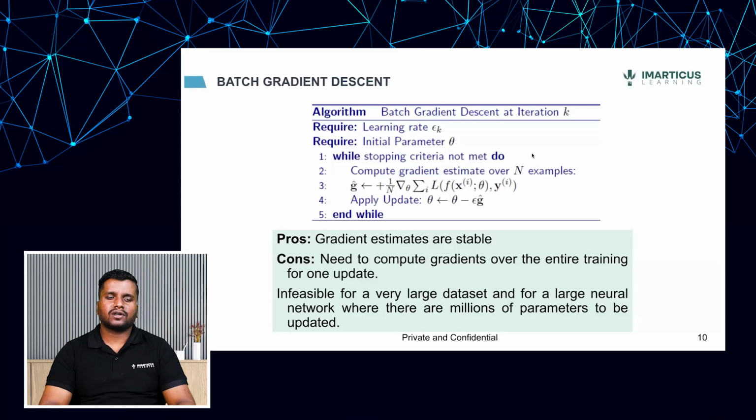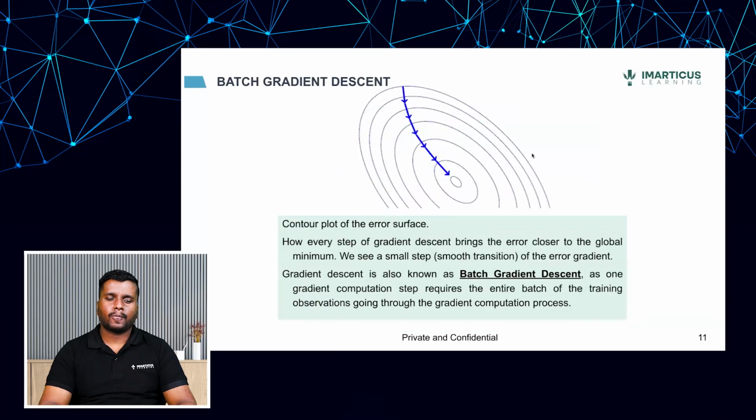Batch gradient descent requires analyzing the data at a batch level. The initial parameter is theta, and while the stopping criterion is not met, we compute the gradient over n samples, apply the update, and keep updating the weights until we reach a lower value of the gradient.